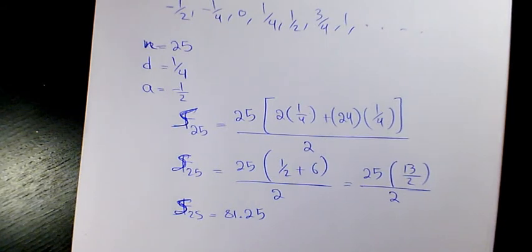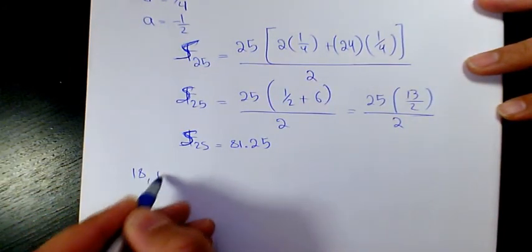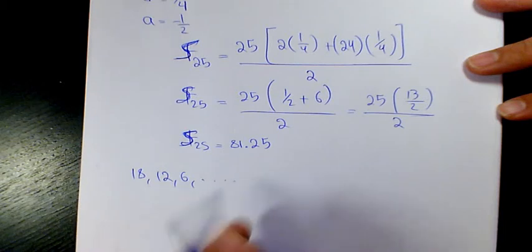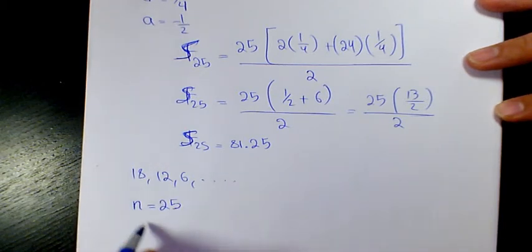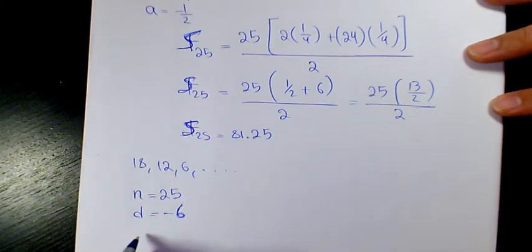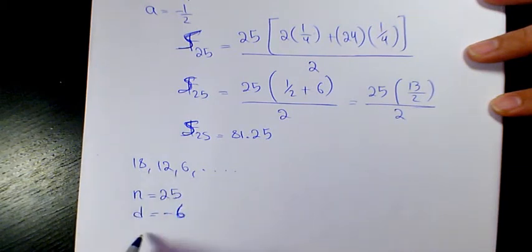Let's do one more. 18, 12, 6. So in this case again, N is 25, D is negative 6 because it's going down. 12 minus 18 is negative 6, 6 minus 12 is negative 6. A is 18.